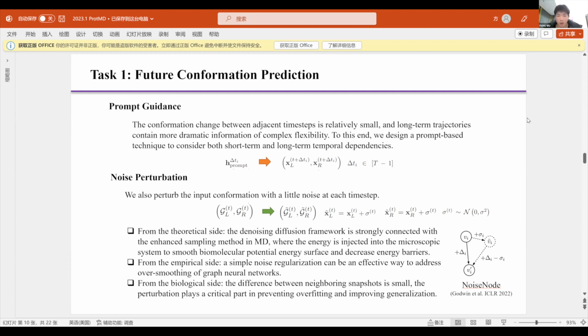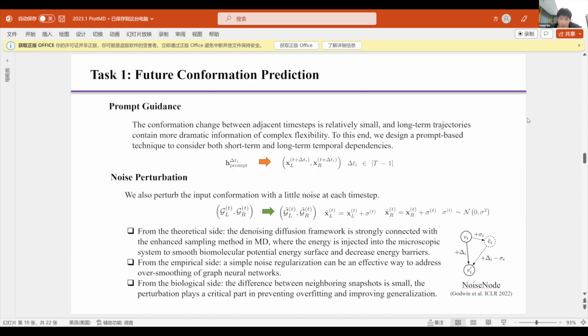At last, we also perturb the input conformation with a little noise at each time step. That is, we add random Gaussian noise to both the ligand and the receptor coordinates. This noise perturbation has some theoretical and empirical support. First, from the theoretical side, the denoising diffusion framework is strongly connected with the enhanced sampling method in molecular dynamics.